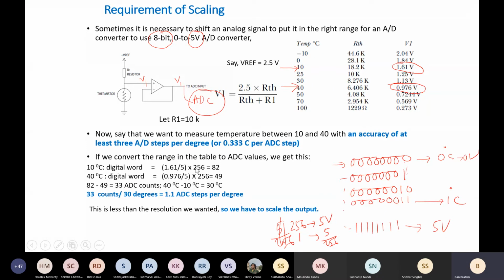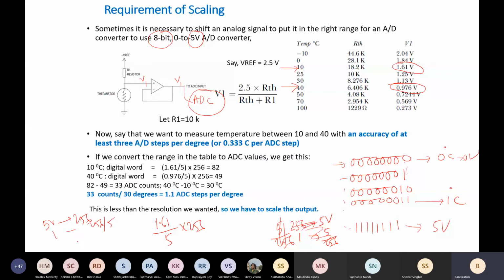Okay. So here I can see the voltage is 1.6 volt. So 1.6 volt should correspond to what digital bits? What is my reference voltage? 5 volt. So 5 volt corresponds to 256 digital bits, and 1 volt corresponds to 256 by 5.